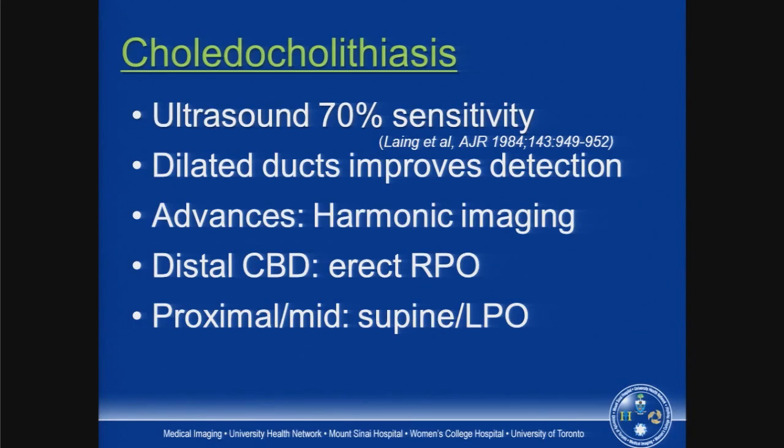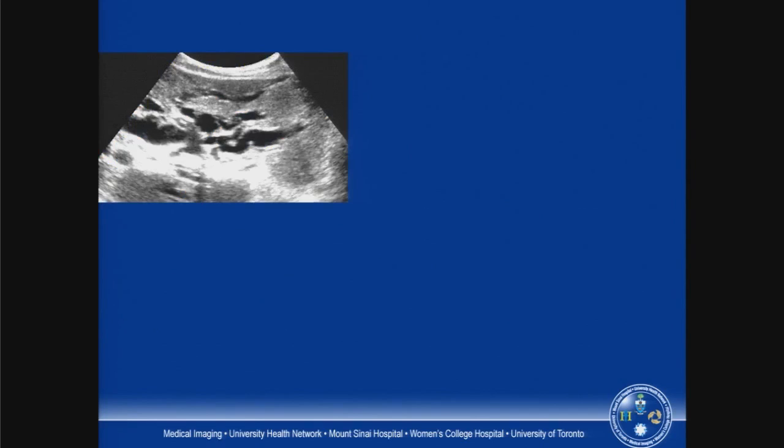Now, what about choledocholithiasis? Ultrasound sensitivities vary wildly depending on the paper, but at least 70% sensitivity, hopefully a little better than that. If the ducts are dilated, you'll do better. Harmonic imaging has improved our sensitivity, and you need to be aggressive and spend some time looking at the bile duct in various positions and with various patient maneuvers.